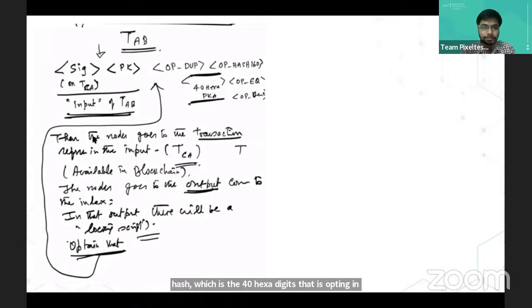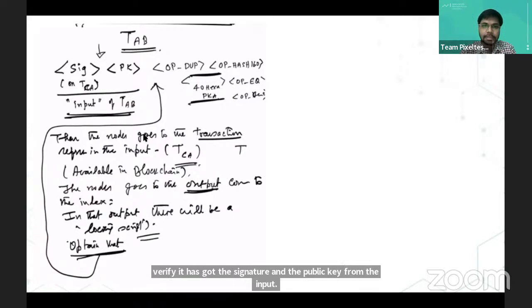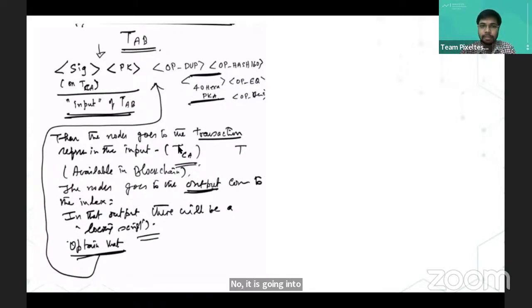So any node that is trying to verify has got the signature and the public key from the input. Now it goes to the transaction ID. It is going to verify which transaction this was. So it's going to check the input that came from TCA.